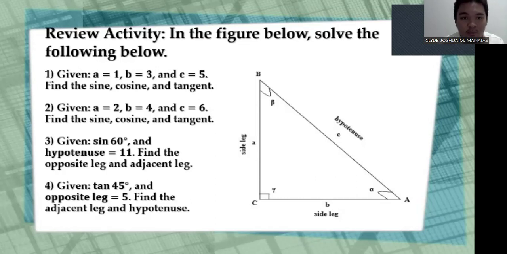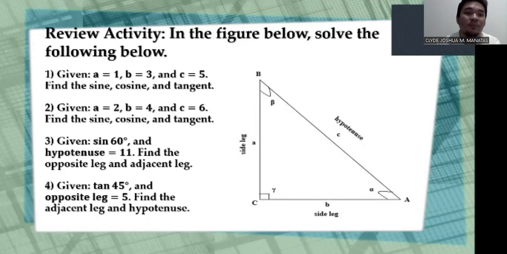Very good. It's 1 over 3 because tangent is equal to opposite over adjacent. The opposite leg there is 1 while the adjacent leg there is 3. So that's correct.